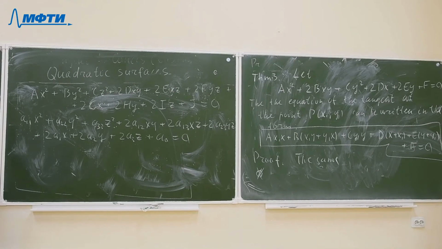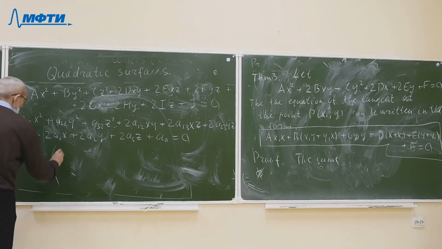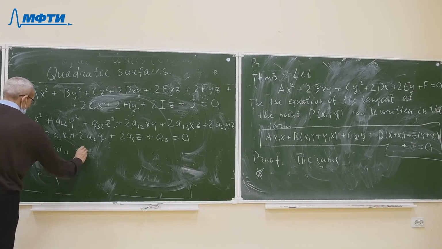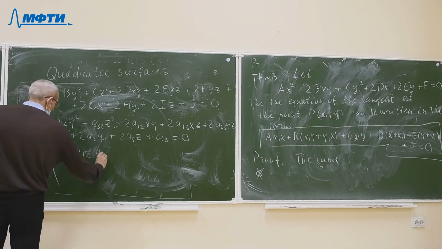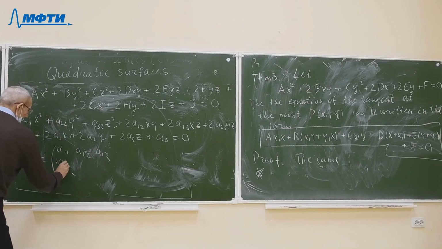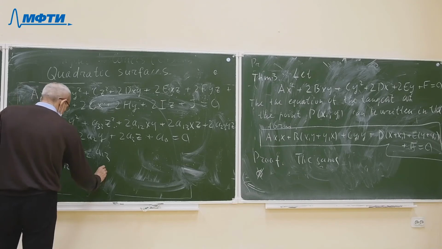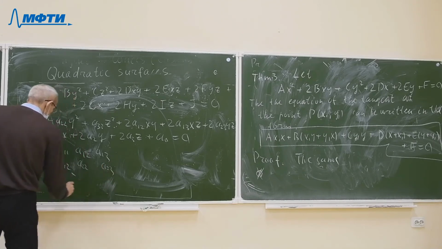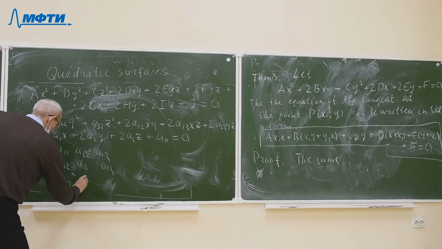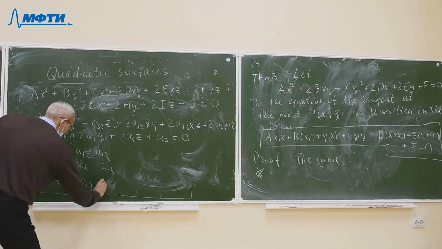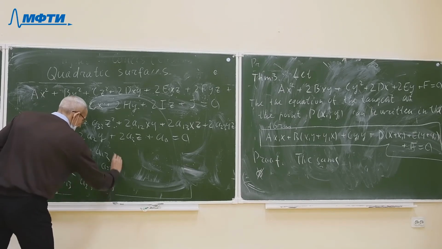We also use the following notation. Let's introduce the matrix Q, a 3 by 3 matrix: A11, A12, A13; A12, A22, A23; A13, A23, A33.